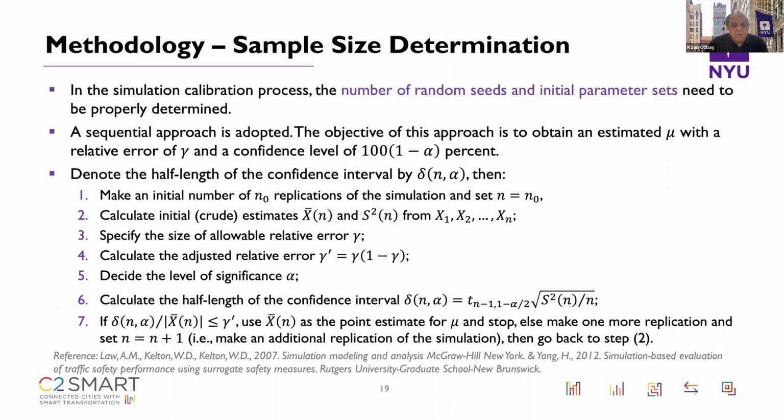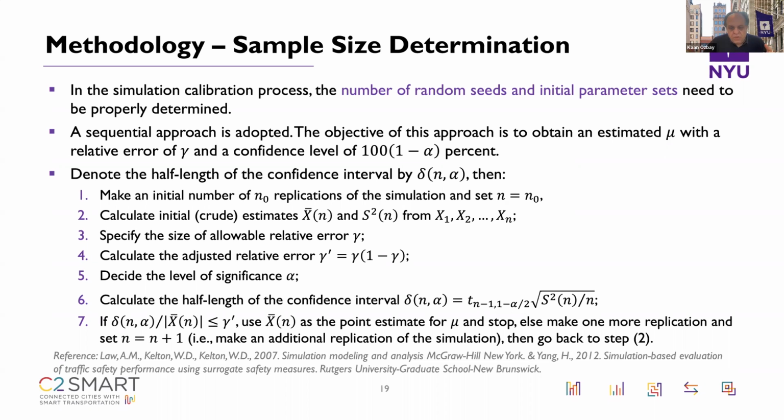Then we determine an error, calculate a relative error, and decide the level of significance, meaning at what level of significance we want to be able to say that our simulation results represent the reality, the real population. Then we use a simple t-test to test that hypothesis.